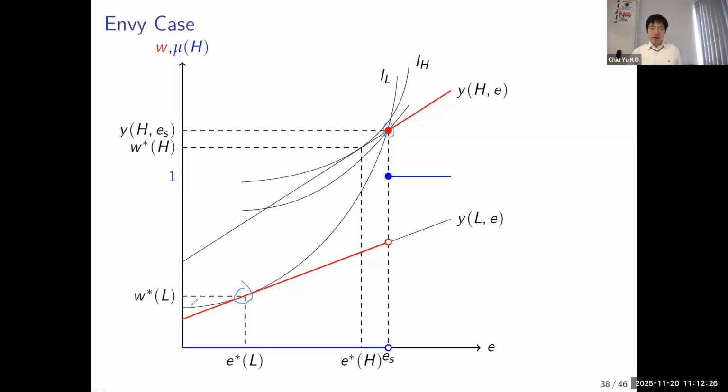But remember how the construction works: we draw the indifference curve all the way up to here and cut this productivity, which means this is the point where the low type is indifferent about mimicking. Well, you can make it slightly more so that they certainly don't mimic, but we just make it simple, right? It's indifferent. So here you don't want to change anyway.